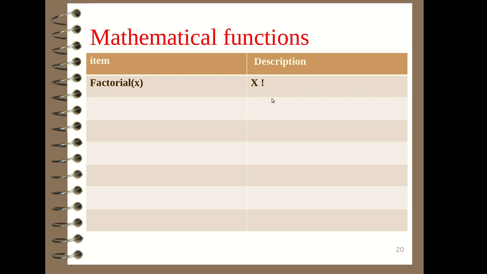This is what is meant by factorial. This is the description in mathematics, but how do I get it in MATLAB? I write factorial. Remember, the slides use a capital first letter, but all MATLAB writing is lowercase: factorial.